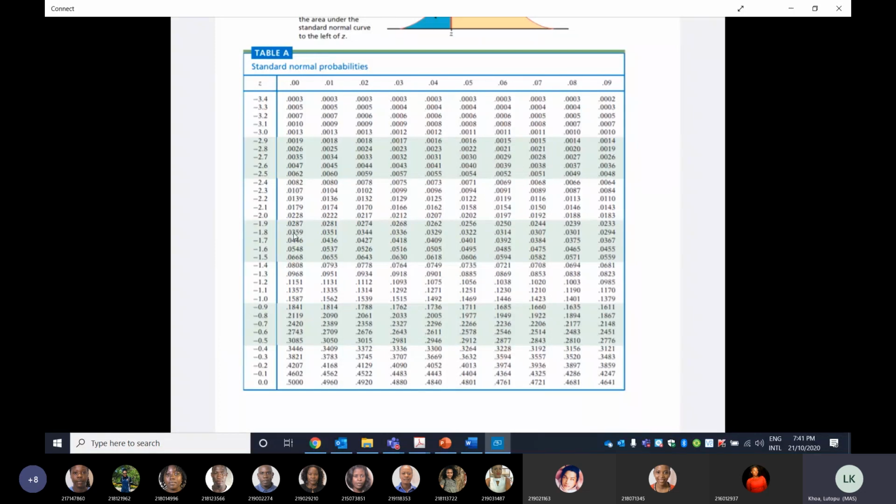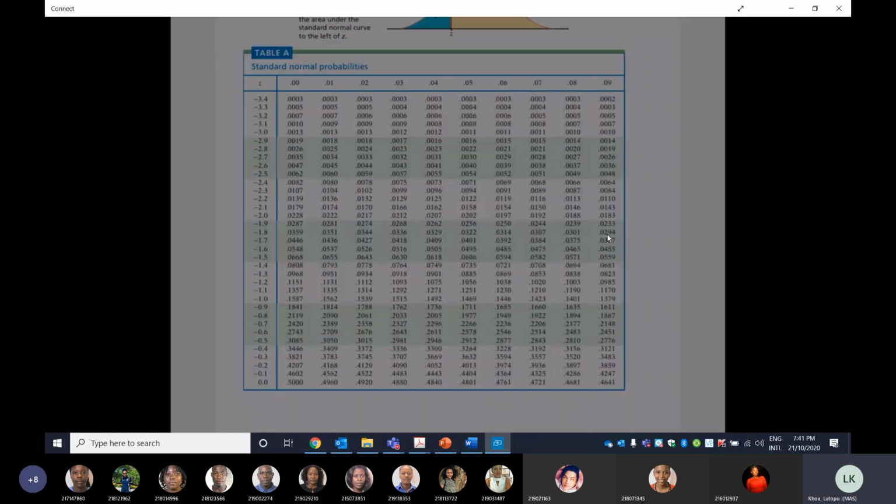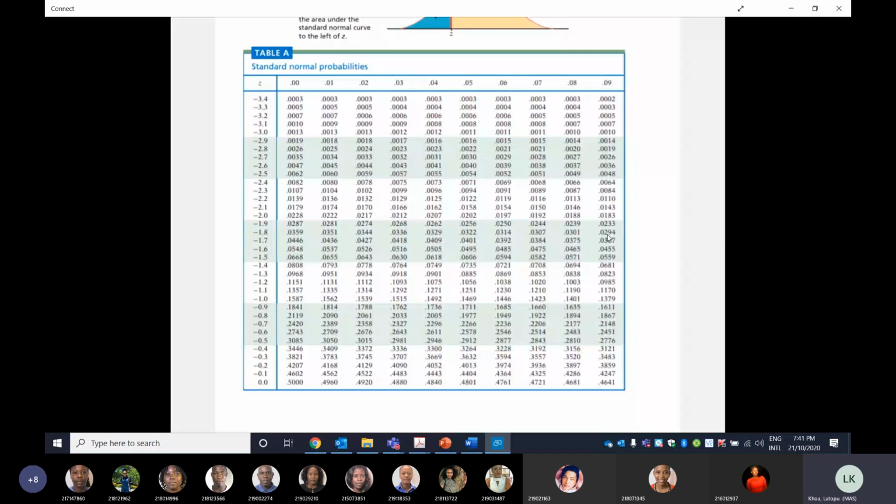So this is negative 1.80, negative 1.81, negative 1.82, and the one we're looking for is right at the end over there. So what we should get is 0.0294. So here you can see there's a point. It means there's a 0 in front of that.